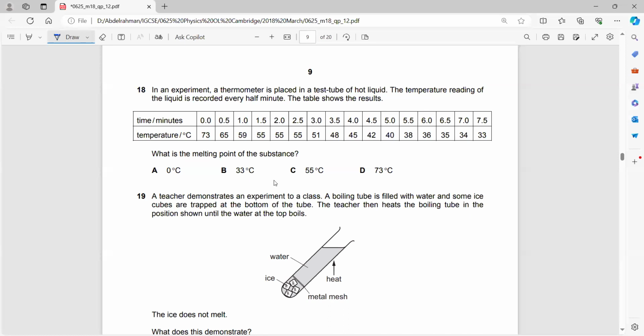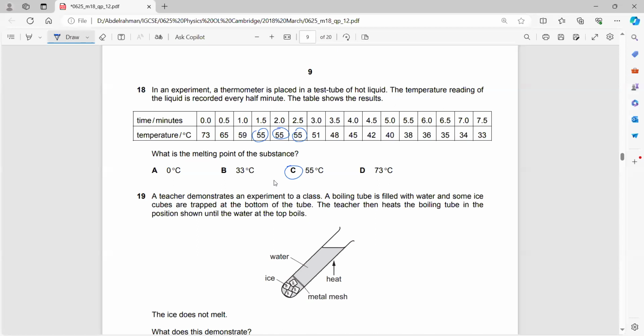What's the constant temperature in this case? 55, 55, 55. So it's the only temperature that has been repeated. Yes, this is the melting point of this substance. Okay, the melting point is 55 degrees Celsius.